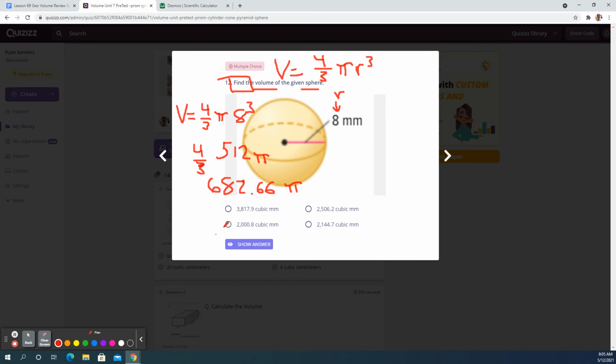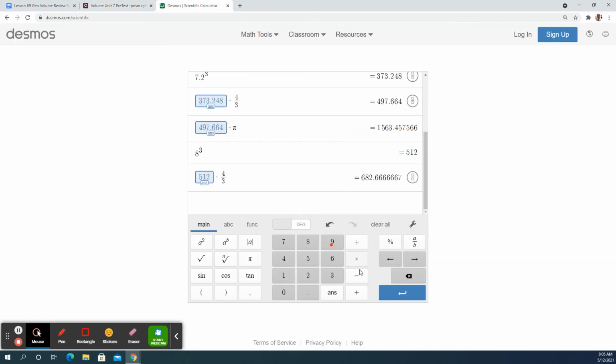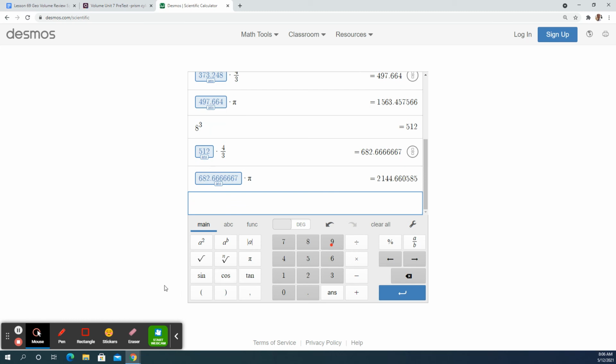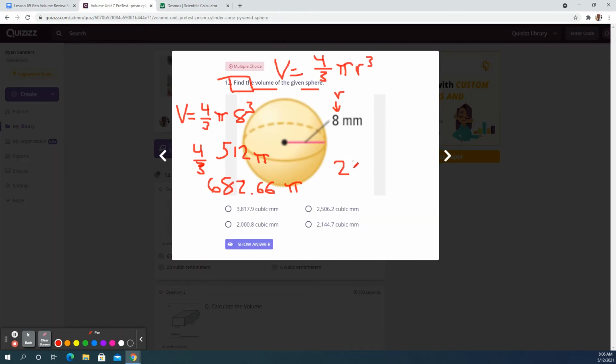That would be our answer in terms of pi. And answer times pi is 2144.66, so 2144, and they rounded to the nearest 10.